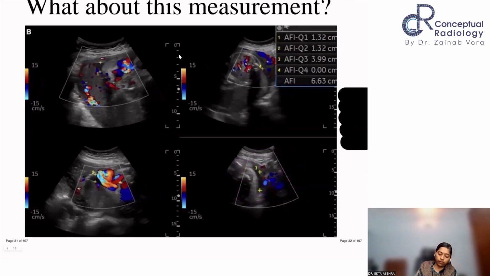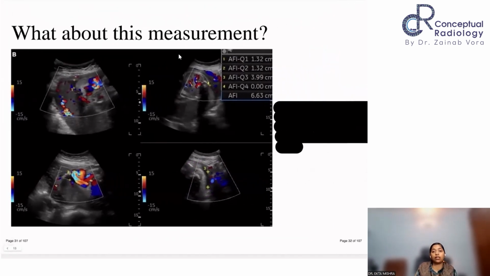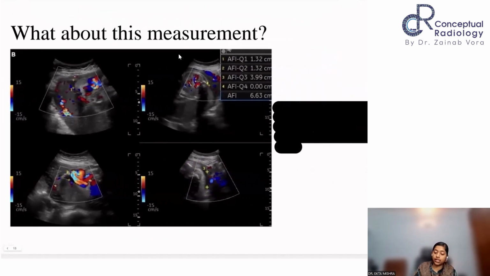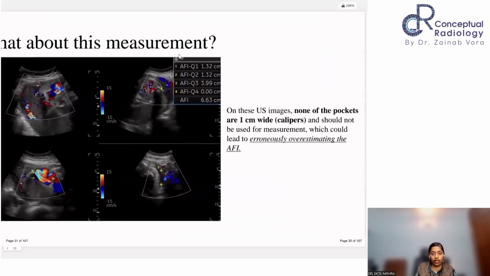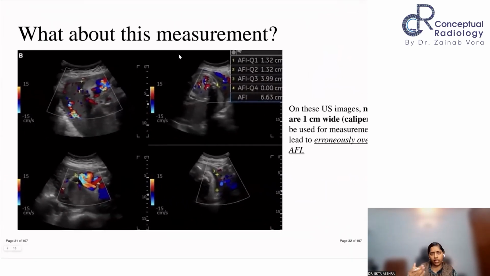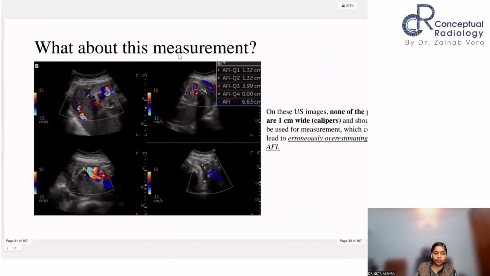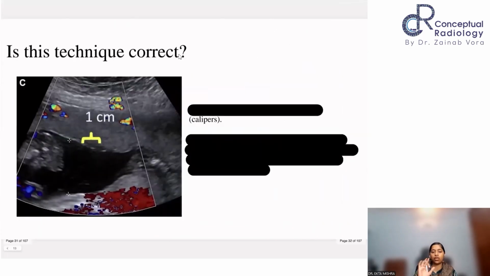If you see the width, none of the pockets is 1 centimeter wide. So this is overestimating AFI. This should not be AFI 6 because we don't have any measurable pocket. This measurement is wrong. So you don't have the width. That is why this measurement is not right.